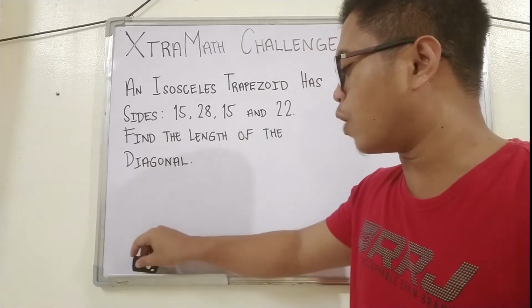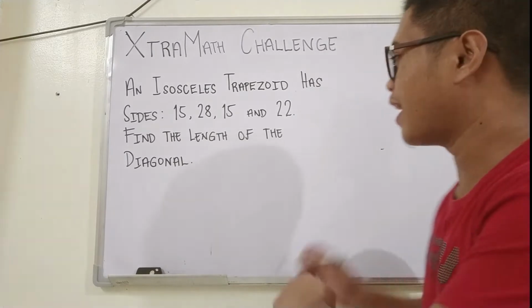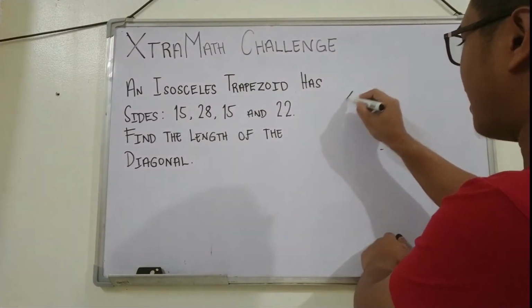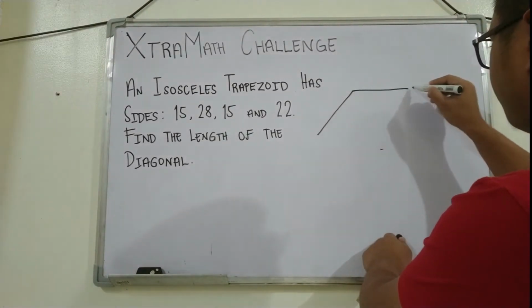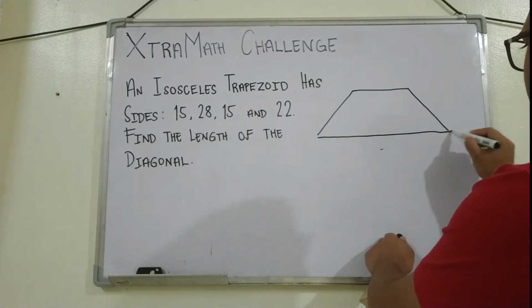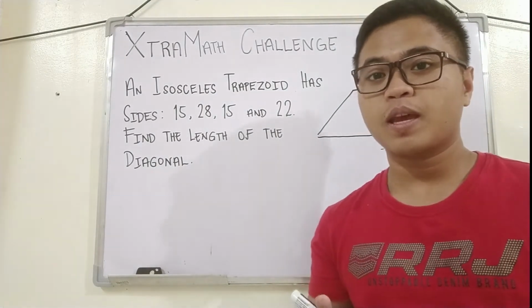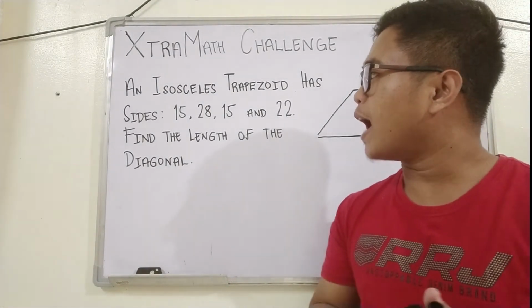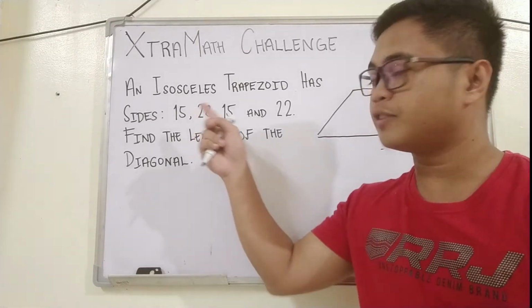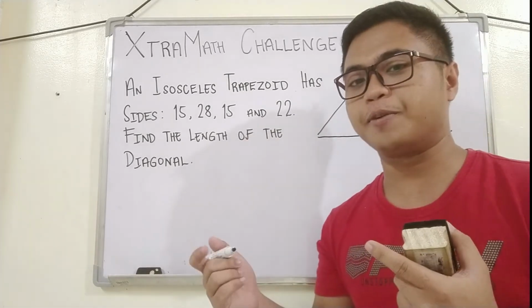So to solve this one, we must first draw a trapezoid. Okay? We'll have this figure. Now, by definition, an isosceles trapezoid has equal legs.